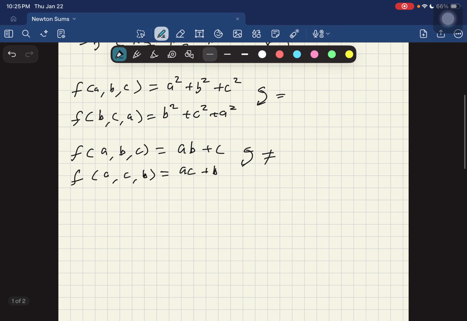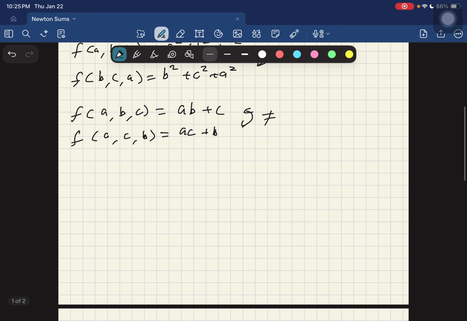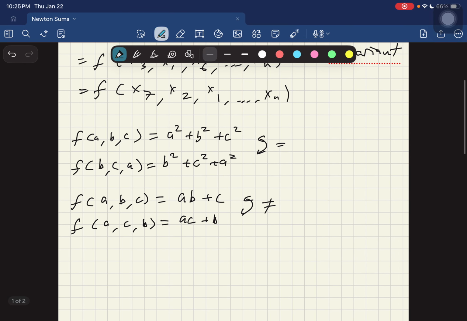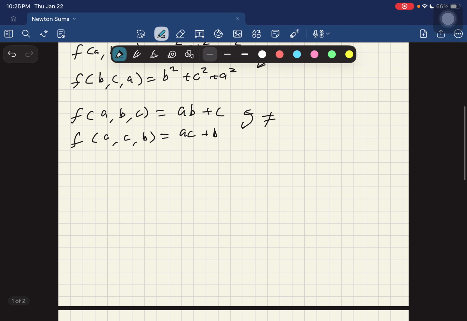So now that we've talked about symmetric polynomials, we can talk about power sums. Actually, wait. Before we talk about power sums, we should go over one more thing, and that is the fundamental theorem of symmetric polynomials.